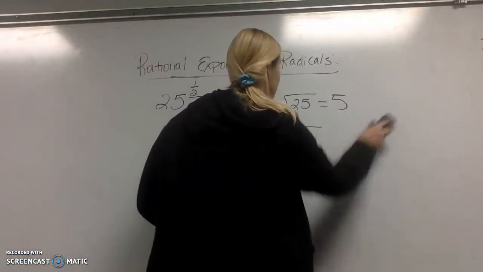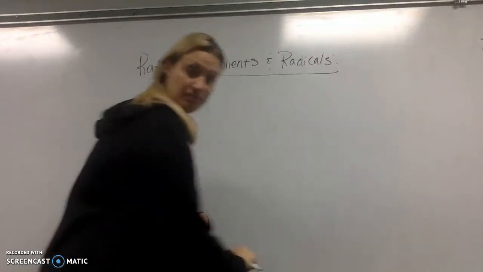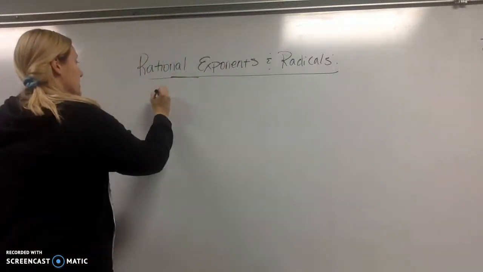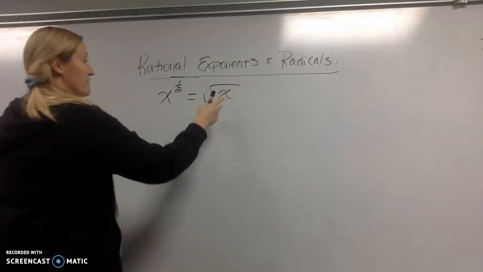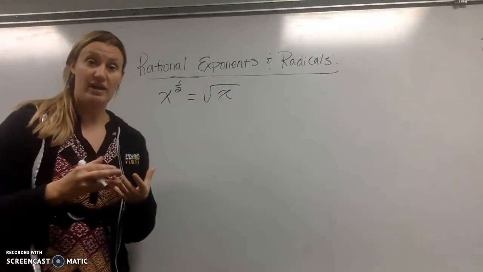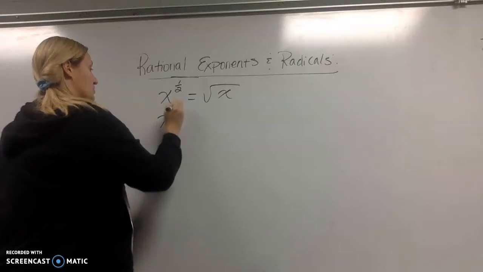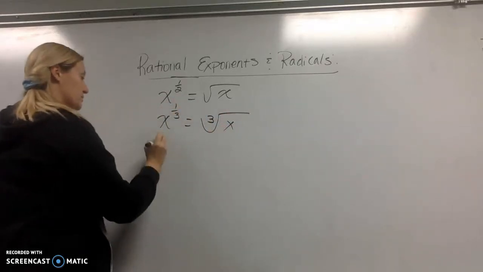So in general, okay, if you take something to the 1/2 power, that is the same as square rooting it, and vice versa. Square rooting a number is the same thing as taking it to the 1/2 power. Taking something to the 1/3 is the exact same as the cube root of that number.